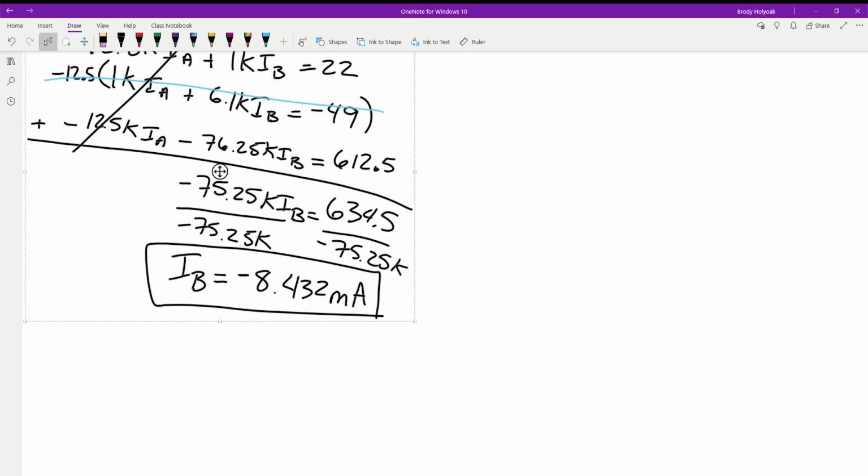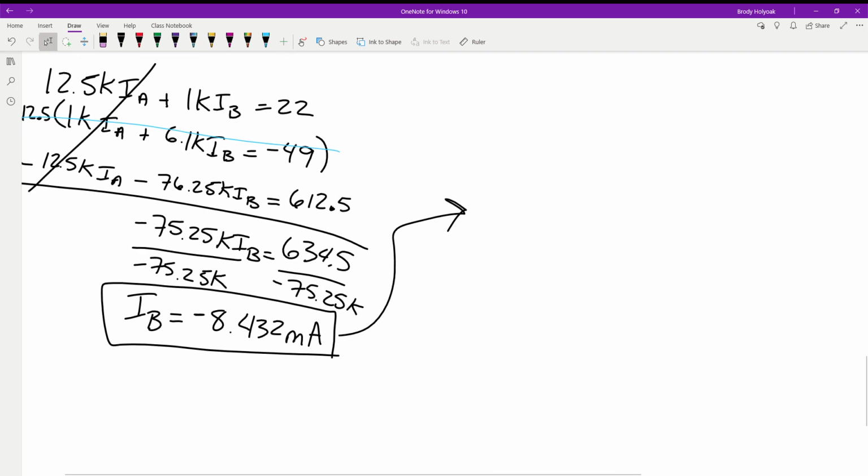Now, we take this value and plug it back into one of our original equations. Either one does not matter. We want to plug in the negative because all of these equations are assuming the one direction. If we flip it now, we will get the wrong answer. Yes?